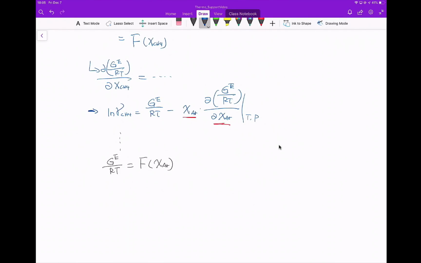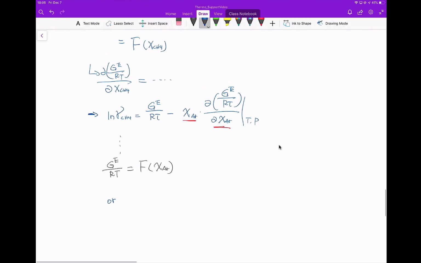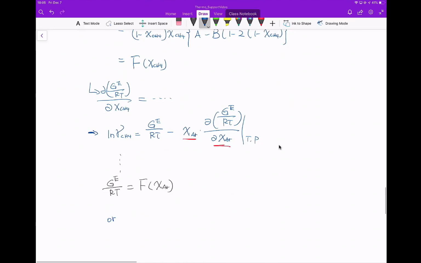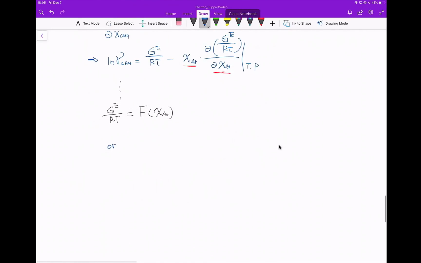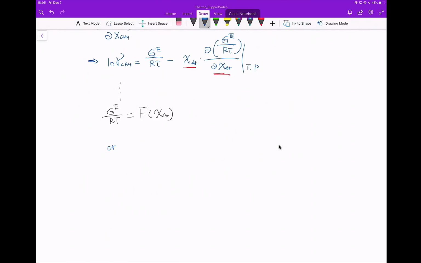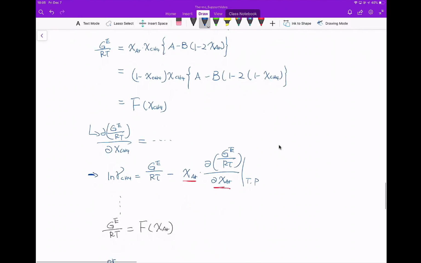The other possible way is, I know the activity coefficient of argon. I'll be calculating argon. Yes, okay.